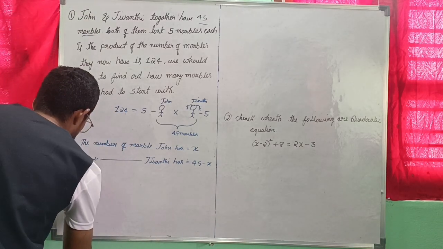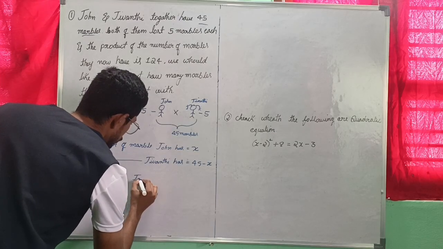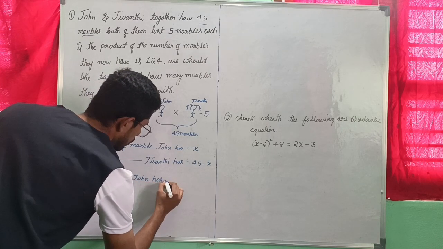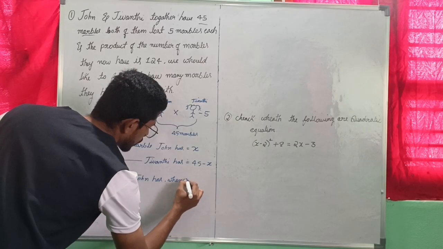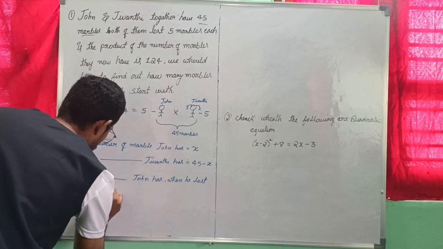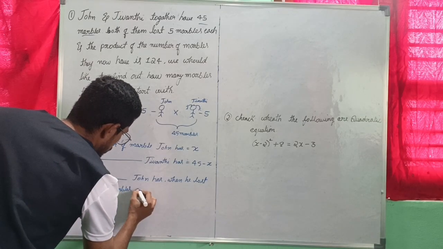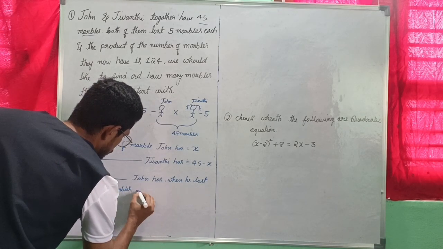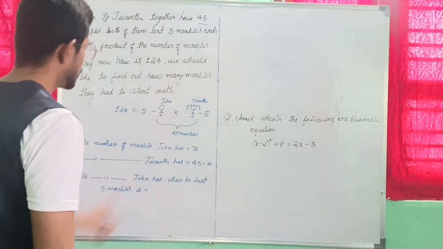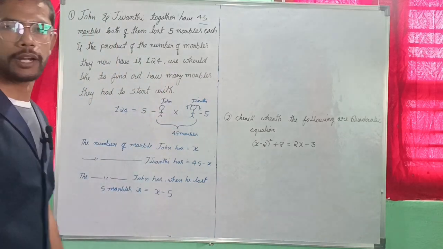Now, the number of marbles John has when he lost 5 marbles is x minus 5, right?